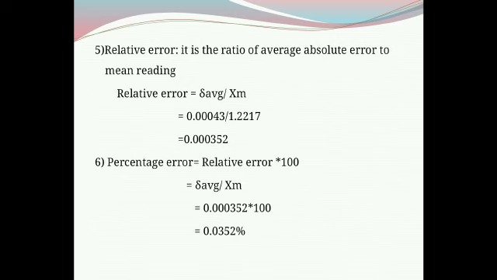And then last is percentage error. The formula for percentage error is relative error into 100. Here relative error is 0.000352 into 100, and therefore the answer is 0.0352 percent.